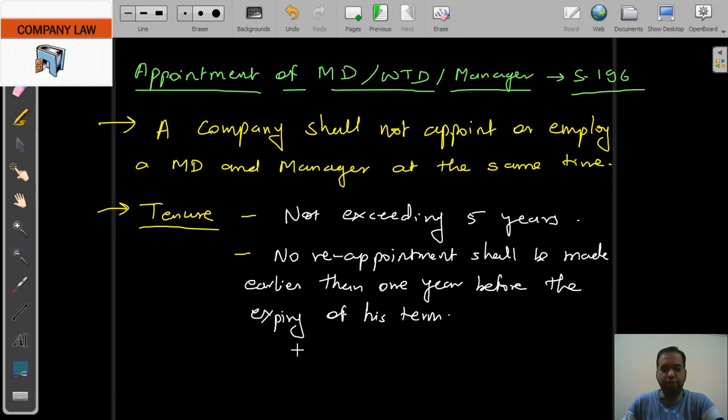So can a person be appointed as the MD for a lifetime? The answer is no. He can only be appointed for a period not exceeding 5 years, and reappointment is possible, but not earlier than 1 year before the expiry of the term.